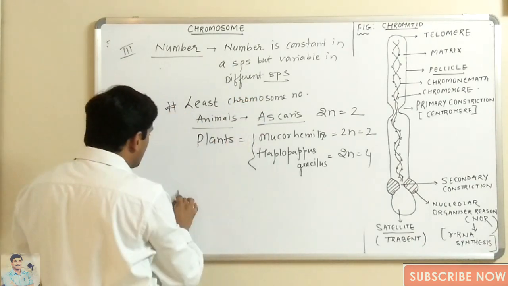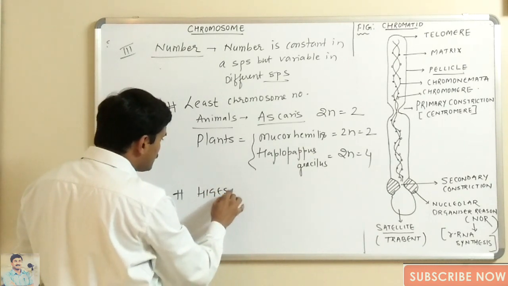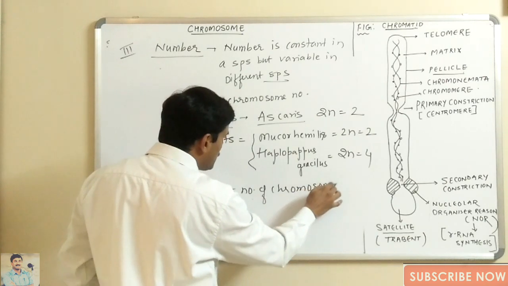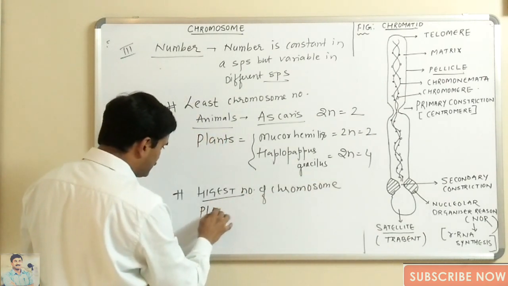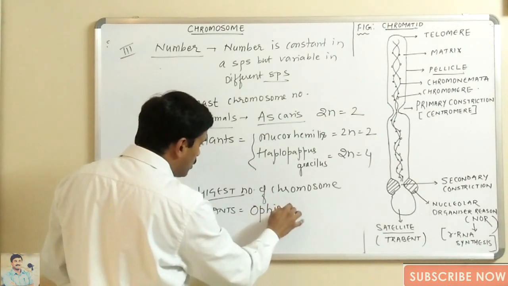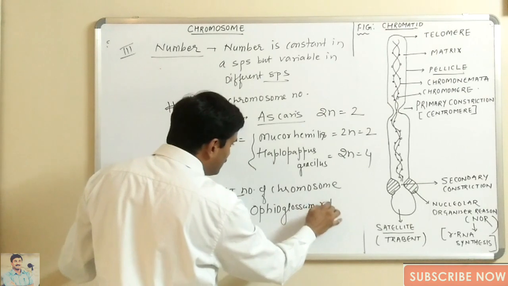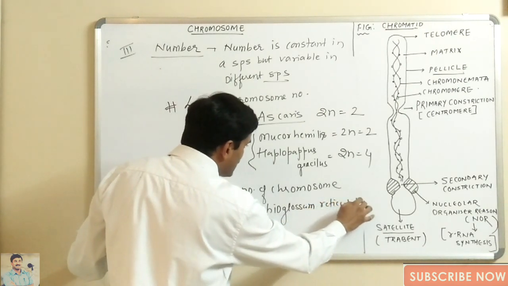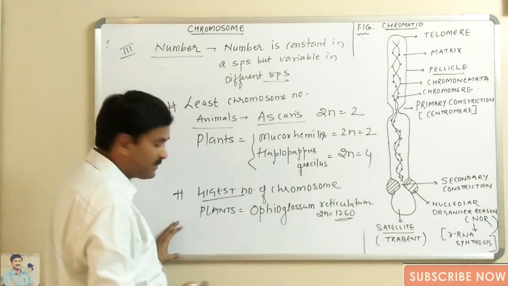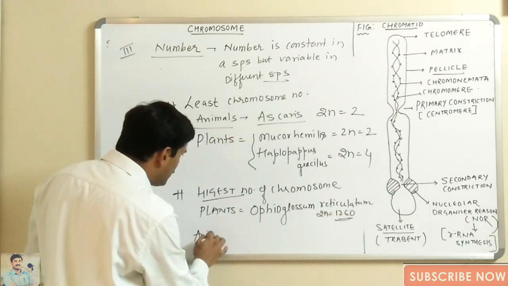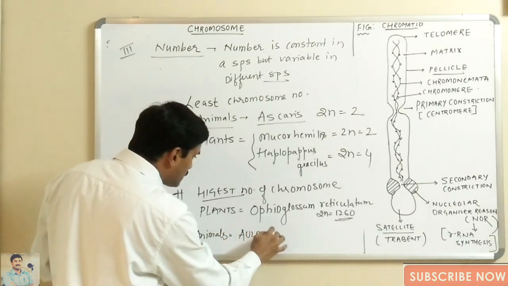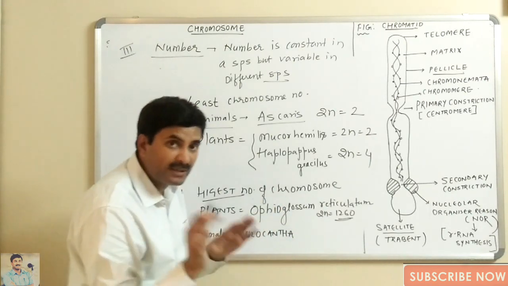And if we talk about the highest number of chromosomes in plants, the highest number is found in Ophioglossum reticulatum. It consists of 2n = 1260, and in the case of the animals, the highest number of chromosomes is found in Aulacantha. Aulacantha is a protozoan.